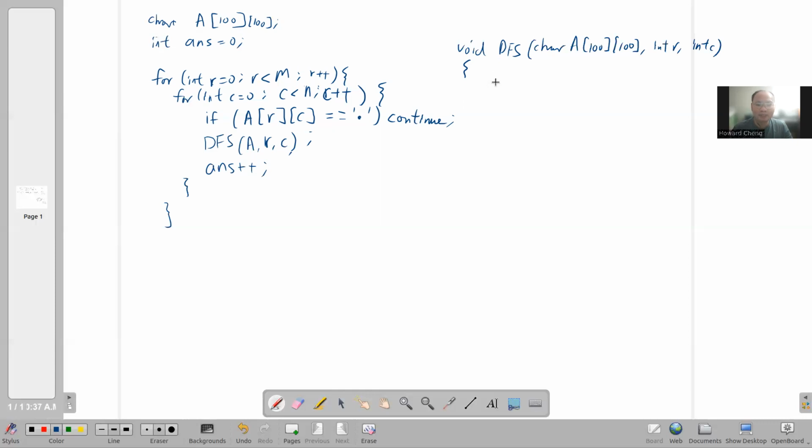So the first thing is, I'm only going to call DFS if it's a pound sign. So the first thing I'm going to do is I'm going to clear the pound sign into a dot. Then I'm going to go and look for neighbors. So for R2 is equal to R minus 1.